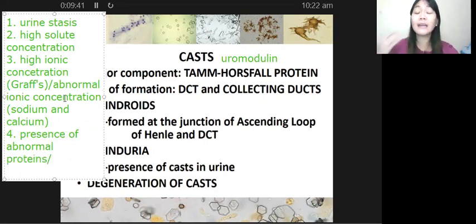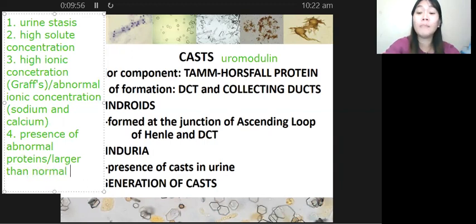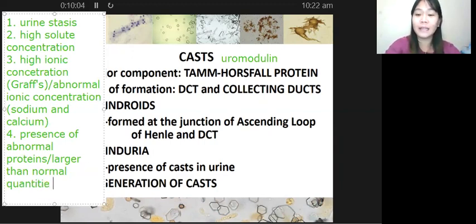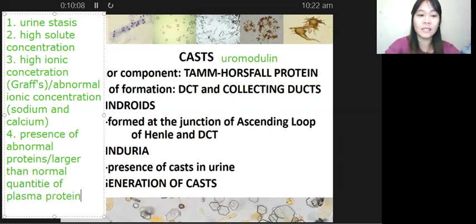Another thing that we have to consider would be the presence of abnormal proteins. Kay Henry, parehas din naman sila if you really understand the statement of Henry's: larger than normal quantities of plasma proteins.